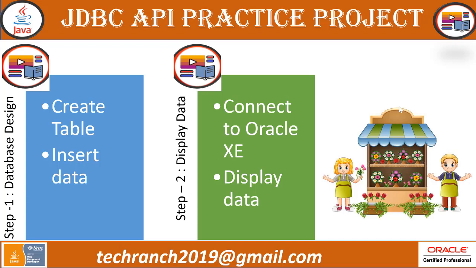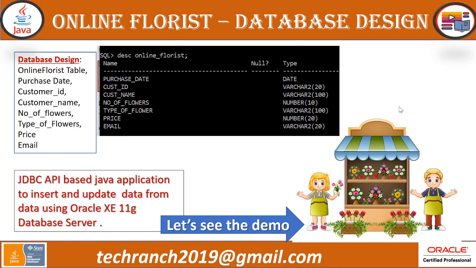So let's start with step 1. First we need to create a table in the database which we created in the last session and connected to the JDBC API using the type 4 driver. This database is already connected, and we need to create a table for an online florist application. So the design goes like this.